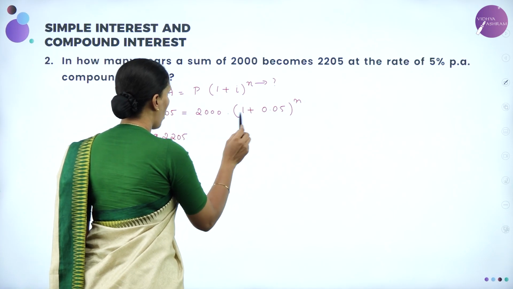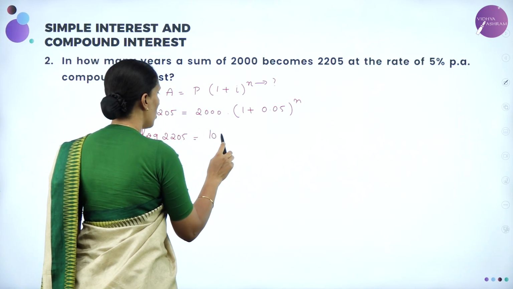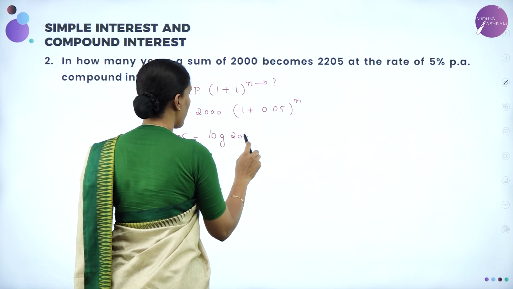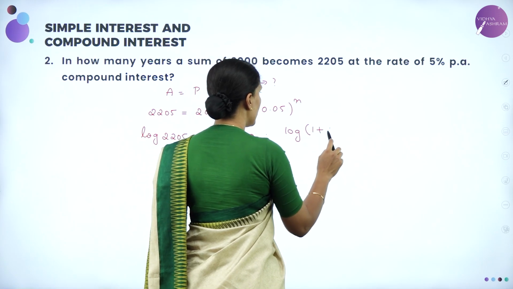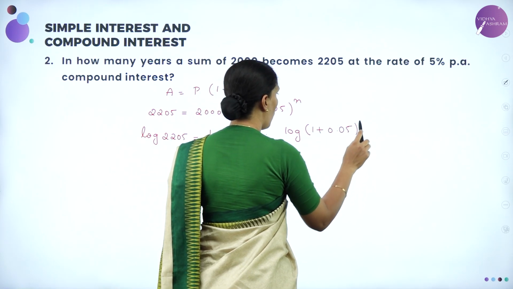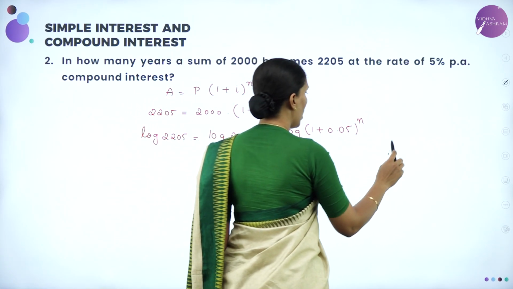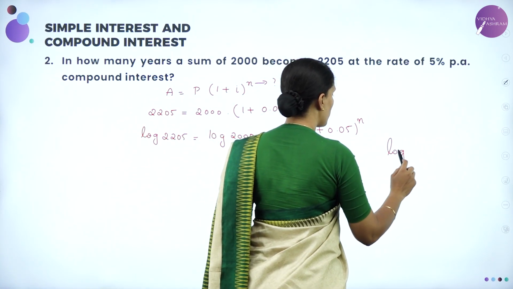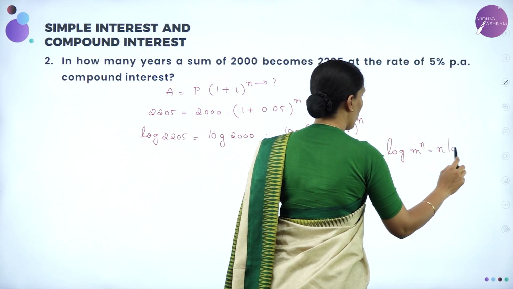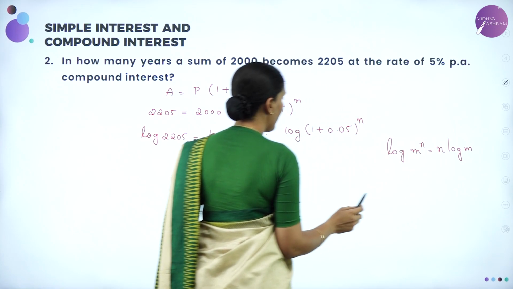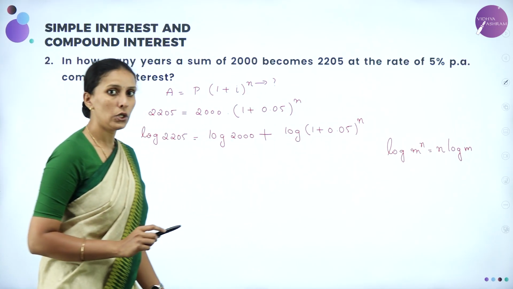Now since this is a product, this is X, this is Y, so I can write this as log 2000 plus log of (1 plus 0.05) whole to the power N. We also know that whenever we have a log with an exponential function, for example m power n, then I can write it as n log m. And whenever there is a product, we always use plus in between the two numbers.